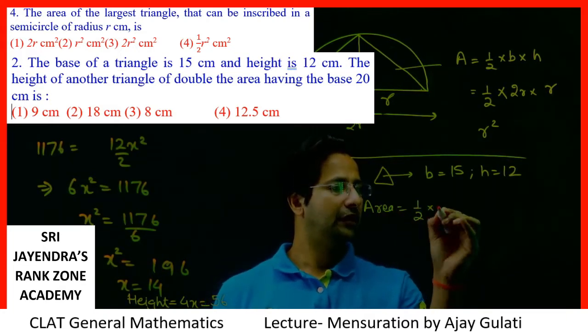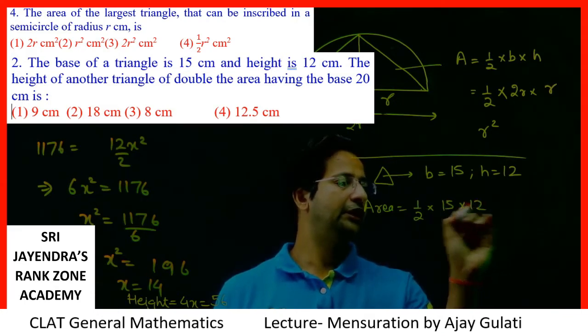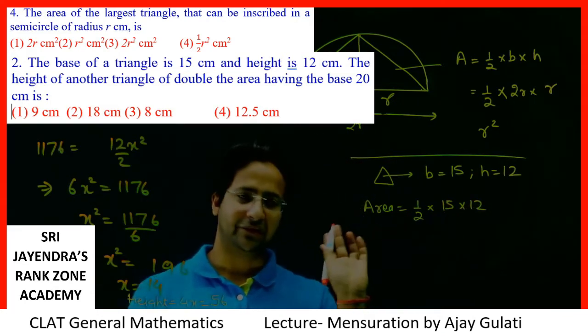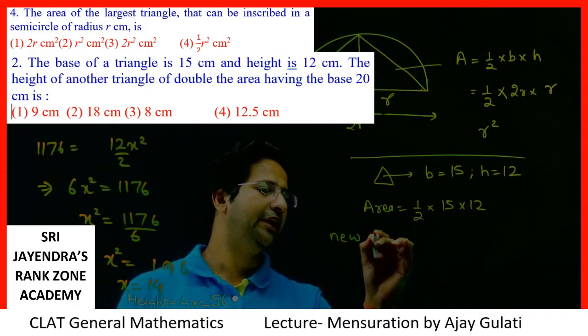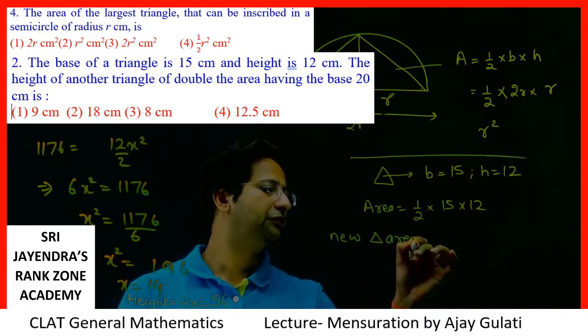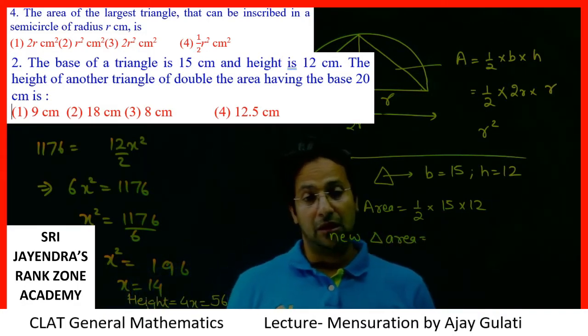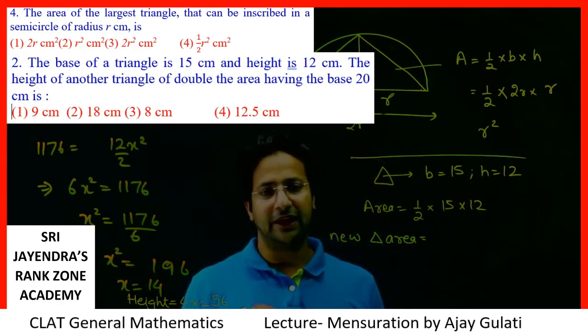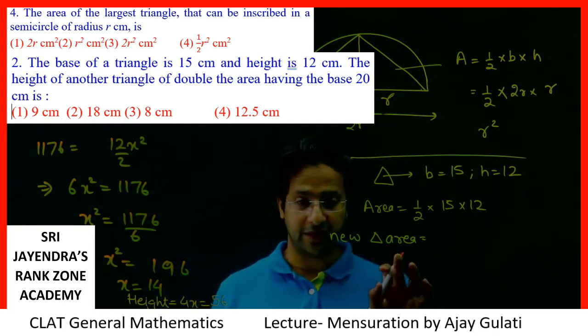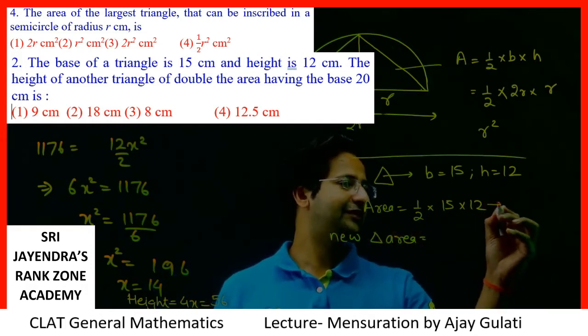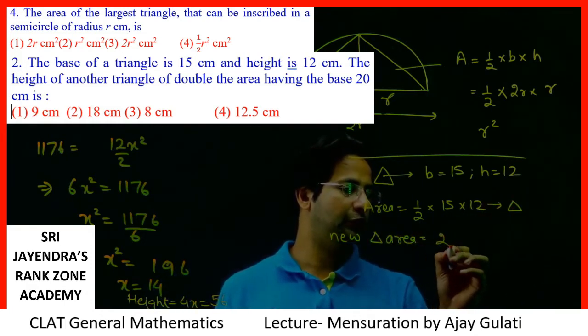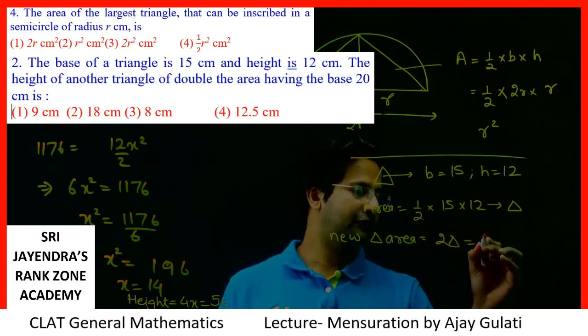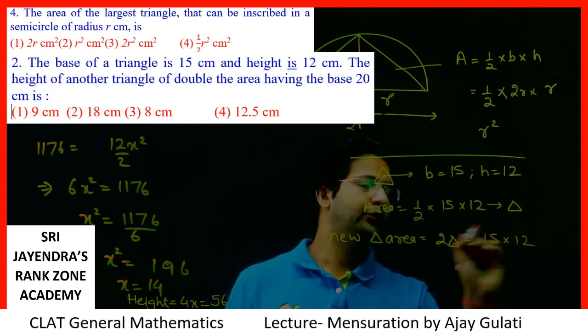Half into 15 into 12. Okay, this is one thing. New triangle area which is being asked about. Let's say this triangle area is equal to delta. So the new one is equal to double delta. 2 delta means 15 into 12.